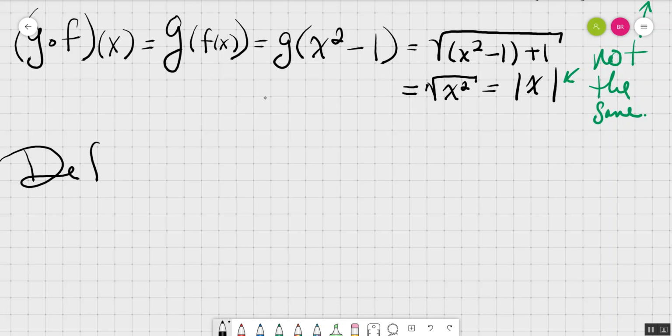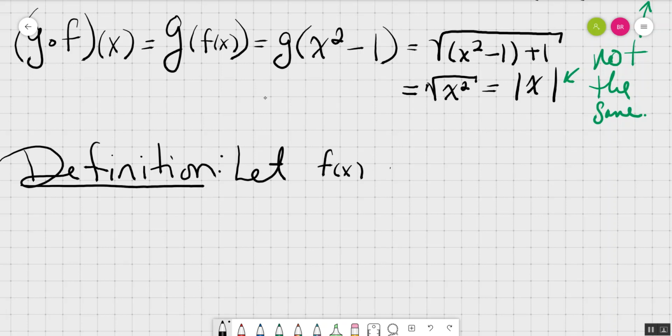So a new definition. Let f of x and g of x be functions.